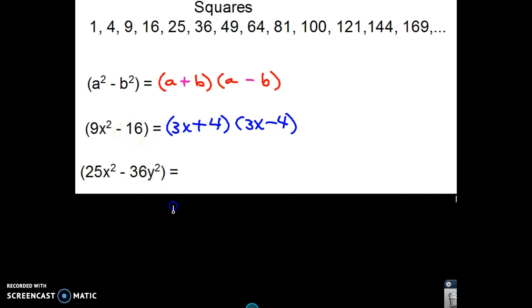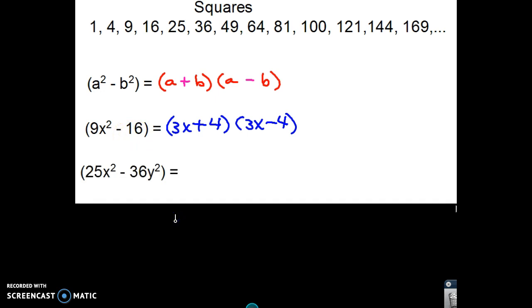All right, we go to this one. Well, here's our difference. Right here is our difference. This is an x squared. That one's a y squared, so far we're good. Do you know the square root of 25? Hopefully you do. Do you know the square root of 36? Hopefully you do. This is a difference of two squares.